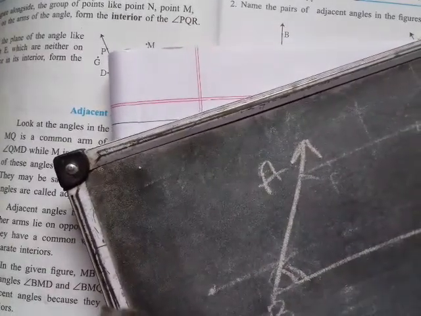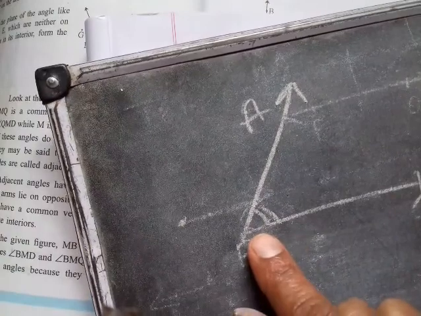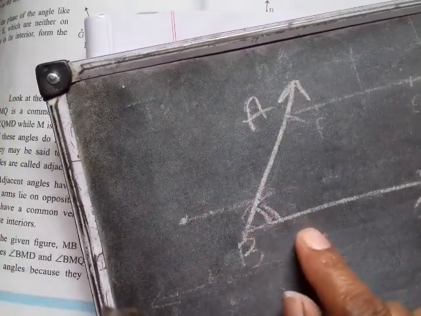Then we have understood that two rays having a common vertex form an angle. Types of angles we will also just revise.